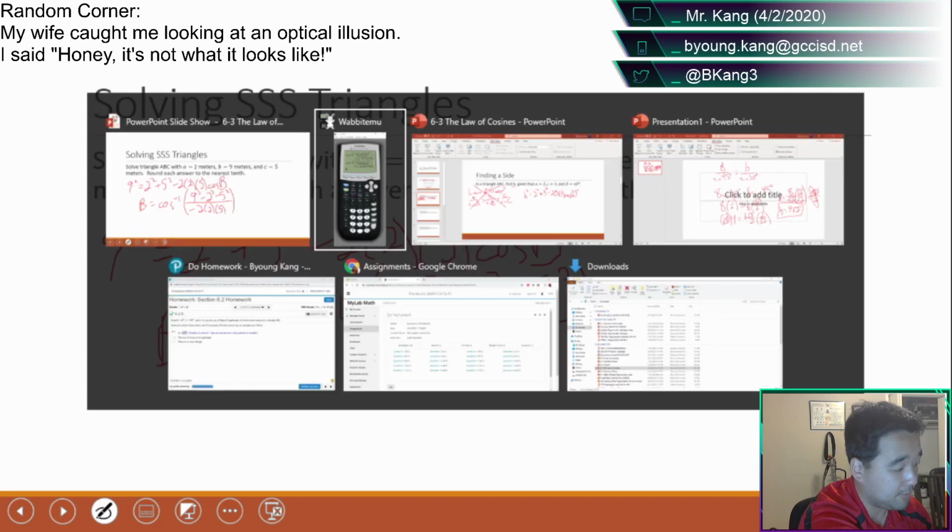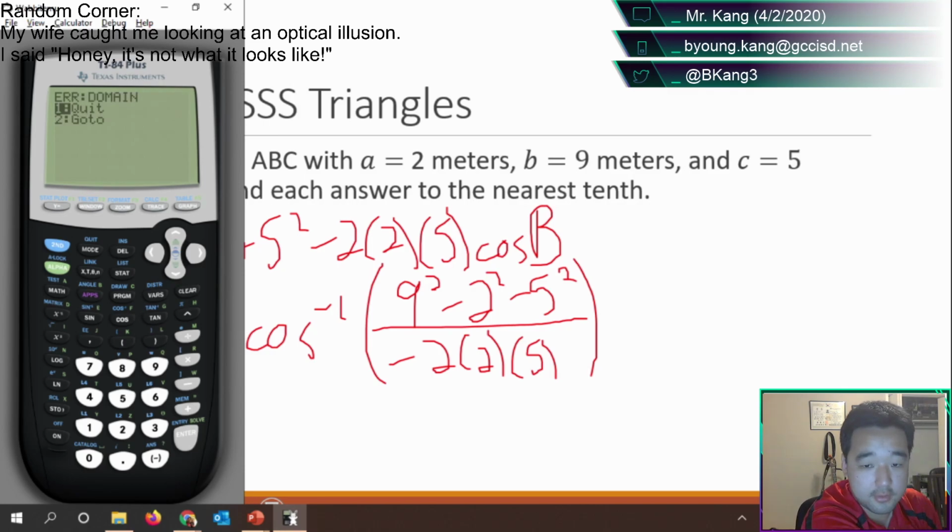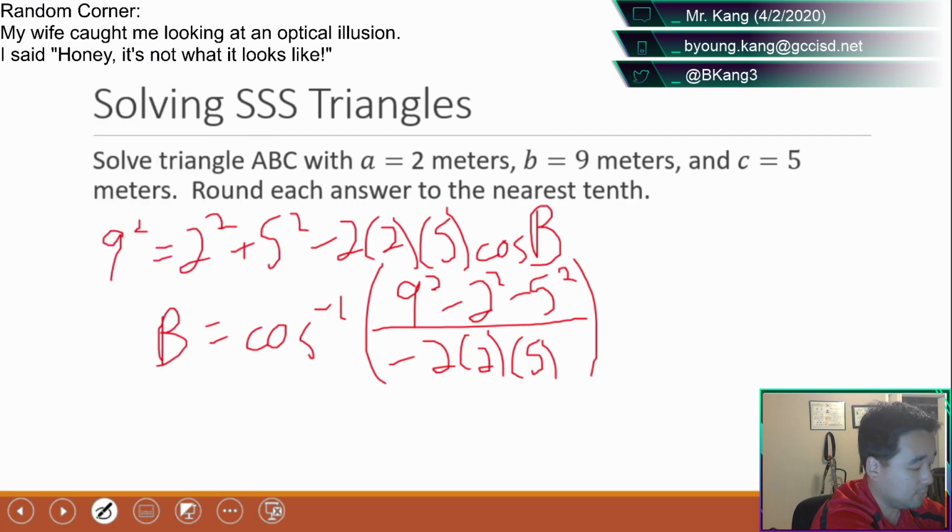And then, so that's what I want to type into my calculator. Oh, whoops. Okay, so we're going to type in all our stuff. And there is a domain error. This fraction is bigger than 1 or negative 1, so it doesn't work in inverse cosine. So this is a no solution.